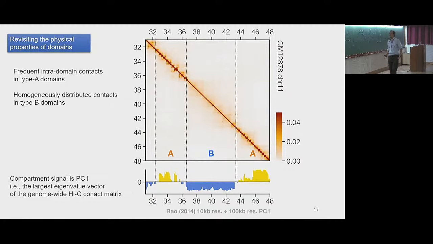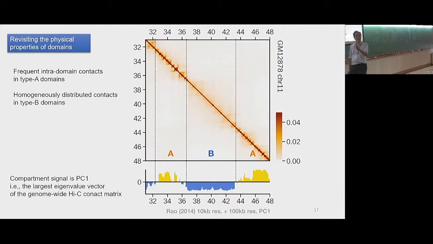So we assumed this is probably because the cohesin movement is blocked by RNA Pol II or MCM complex, that is the complex responsible for replication. But because we have an infrequent RNA Pol II distribution in type B domain, cohesin moves rather homogeneously, so this gives a homogeneous contact pattern.